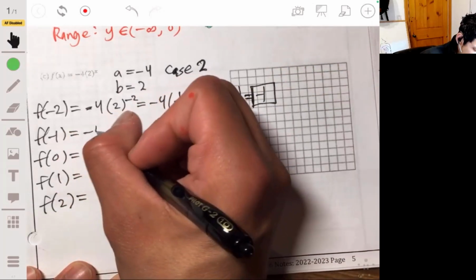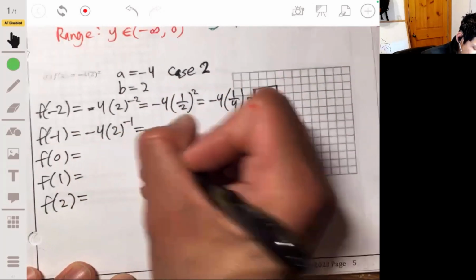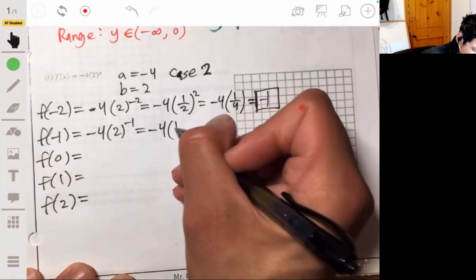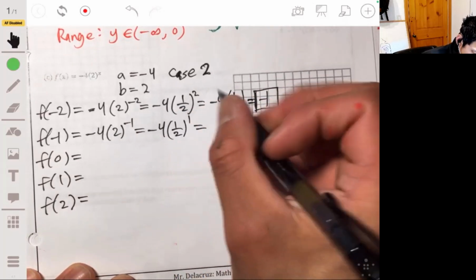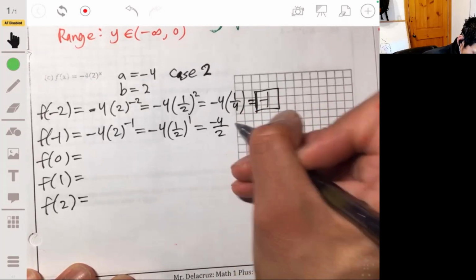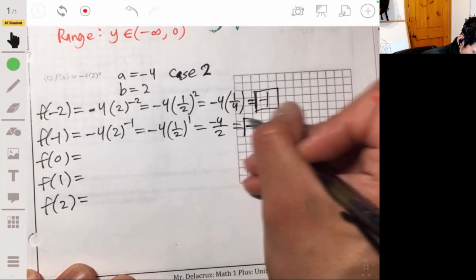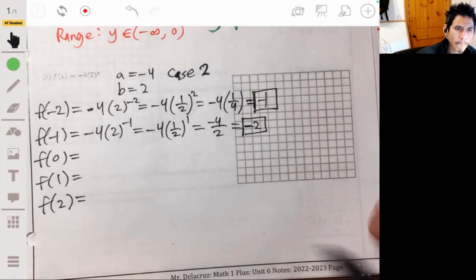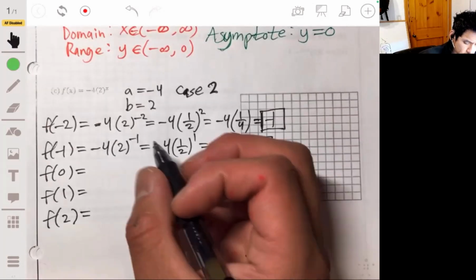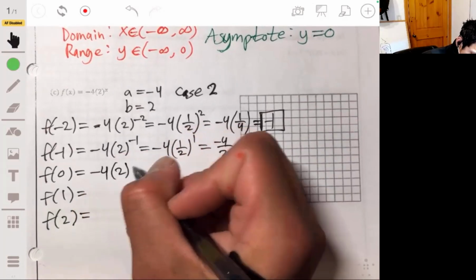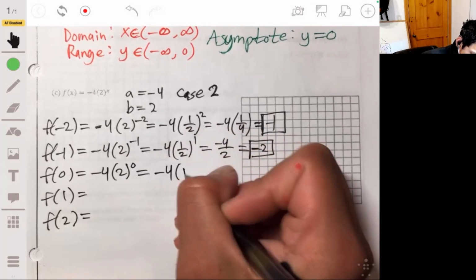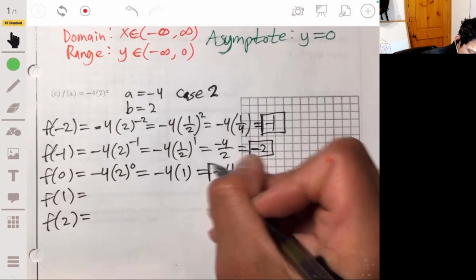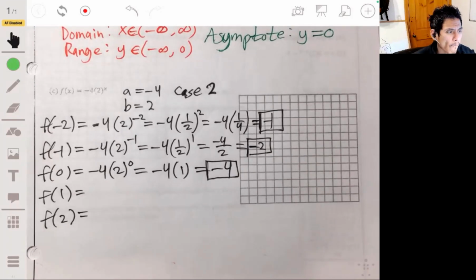F of -1, we get -4 times 2 to the -1, which is -4 times 1/2 to the 1, or just -4 over 2, which is then just -2. F of 0, -4 times 2 to the 0, or -4 times 1, which will then just be -4.